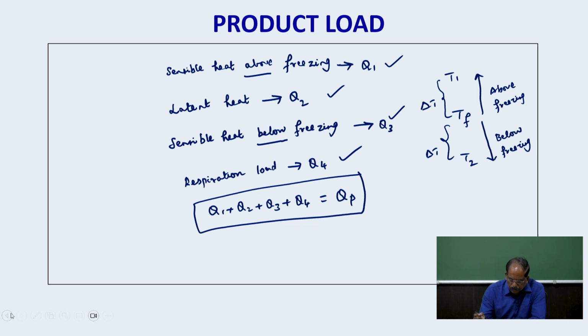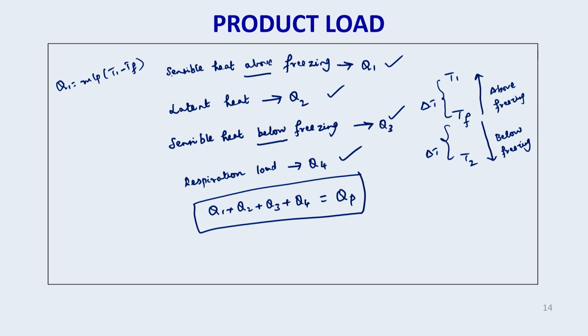Just to summarize: the sensible heat load above freezing, if the product is arriving in bulk, Q1 is equal to M into Cp into (initial temperature minus TF). And the latent heat, Q2, is equal to mass of the product into the latent heat. Sensible heat below freezing is Q3: mass of the product into Cp of the product.